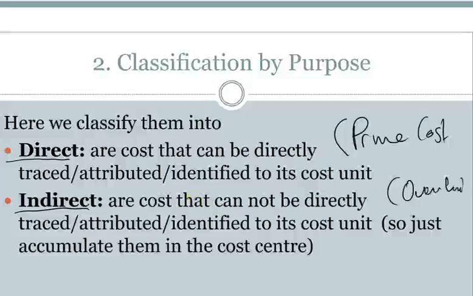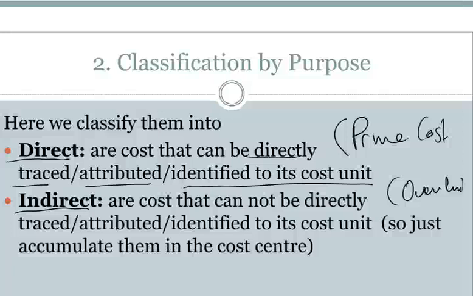Direct costs are costs that can be directly traced, attributed, or identified to its cost unit. So you are able to know that this cost unit has consumed this. For example, we're talking about the same bed. We actually know that this bed will consume this amount of wood. So that's a direct cost.